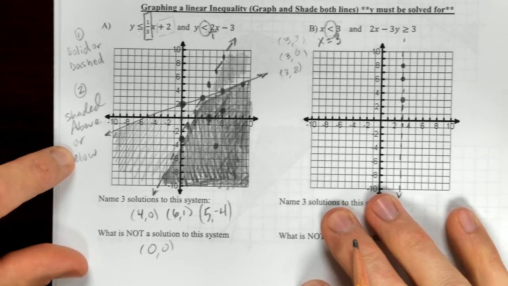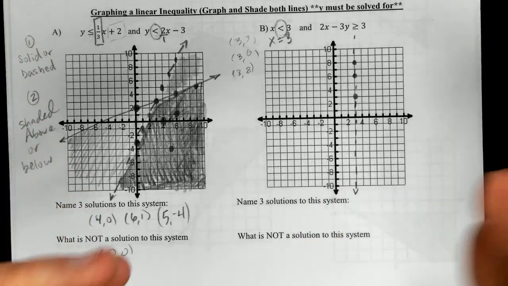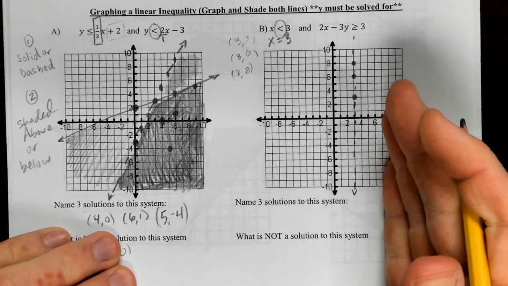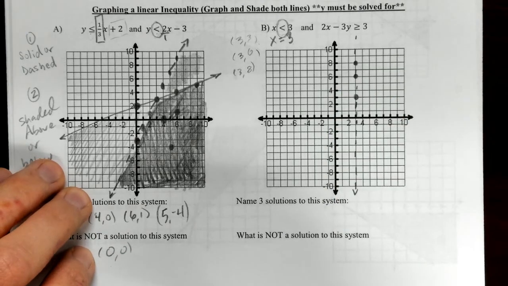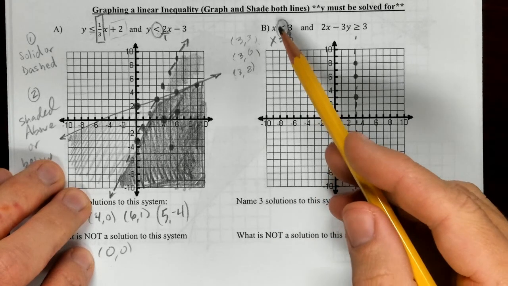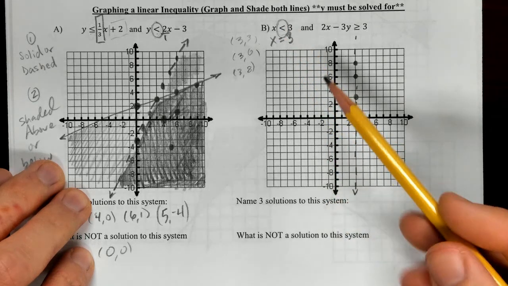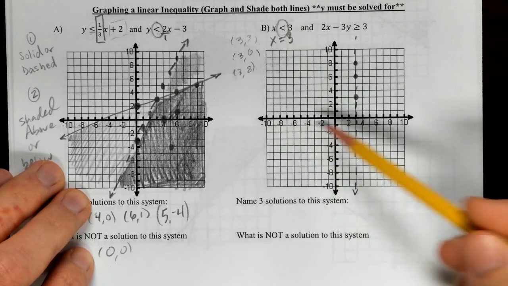Second difference is to figure out whether I'm shaded above or below. Now this is a special case because I can't shade above a vertical line. I can't shade below a vertical line. So what I need to do is figure out what numbers make this true. X is less than 3. So I need numbers that are less than 3.